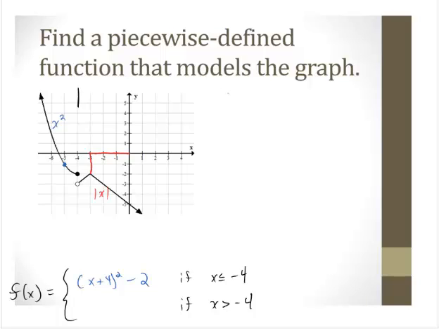So let's start with that. We have our f of x is again some a value times the absolute value of x plus 3 minus 2. Where's another nice point? Let's use this point right here at -2, -3.